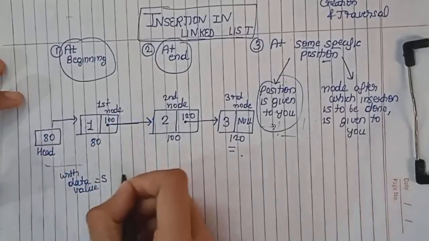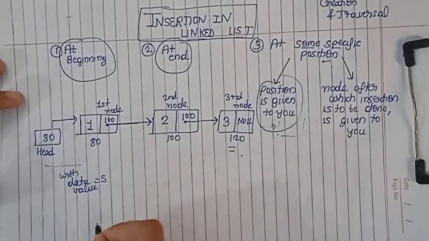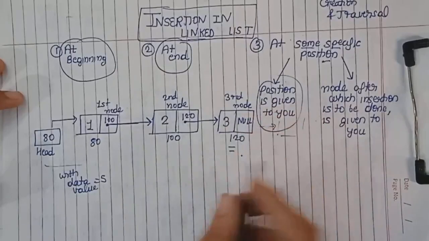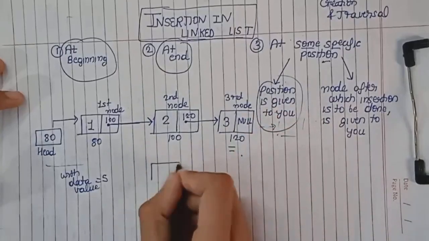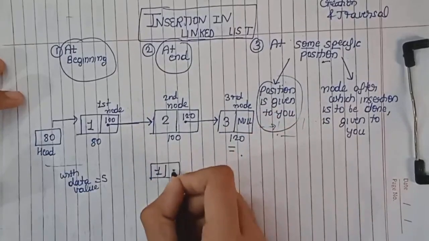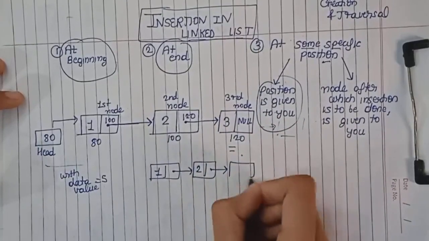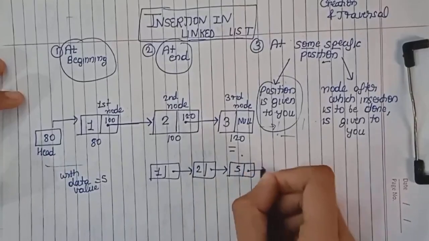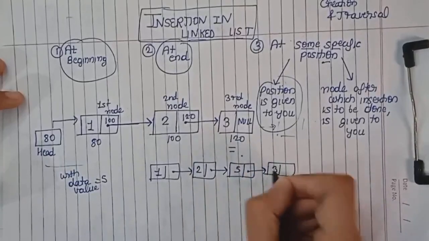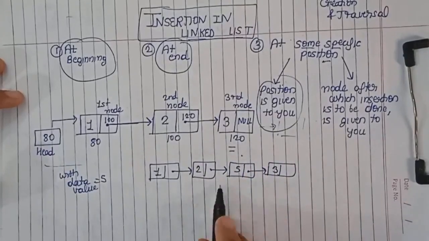at the third position. Then it means that you need to insert the node here. That is, after the insertion the list will be like 1, 2, 5 and then 3. So this is the insertion at the third position.